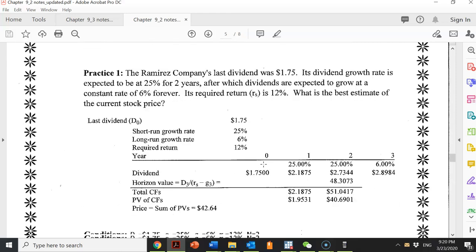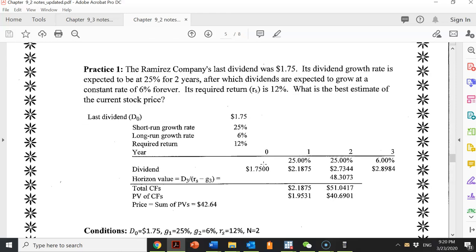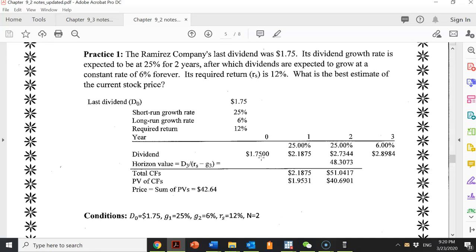Here in the second part of the notes, we have 3 practice problems, and they're all two-stage models. You can try to work on these questions by yourself without looking at the solutions first. Once you practice all these 3 questions, you should be more familiar with the 3 steps of the two-stage model.